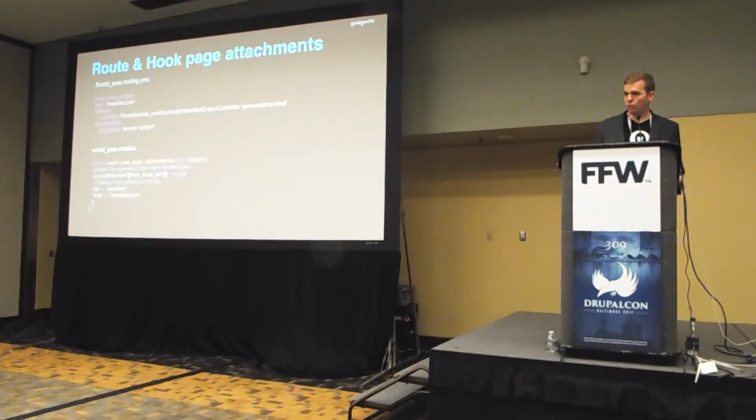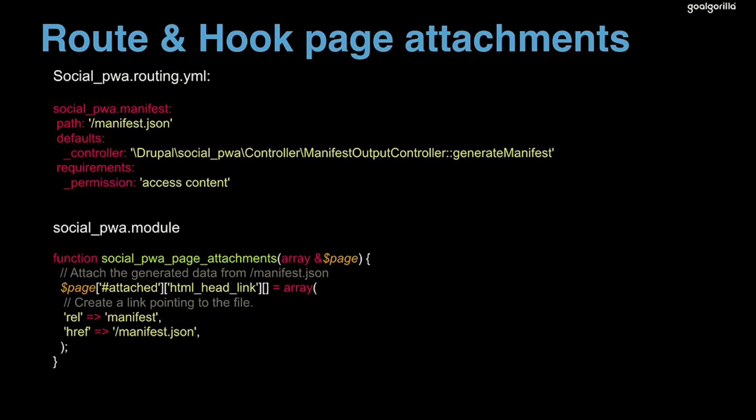And we do that by having, first of all, the hook page attachments. What we do there is we create a link in the HTML head. That link has a rel tag for manifest, and that rel tag will make sure that your browser understands that all your configuration is going to be in there. So we point it, in this case, to the manifest JSON file.